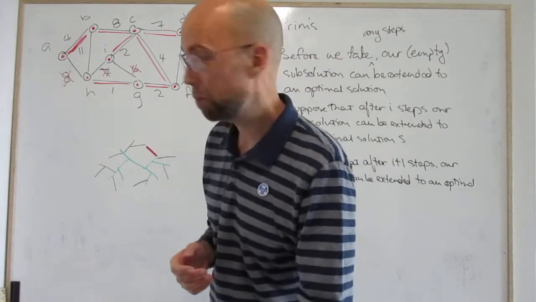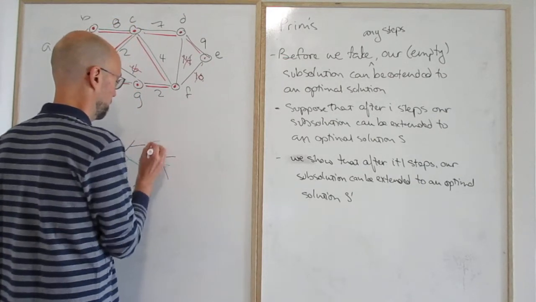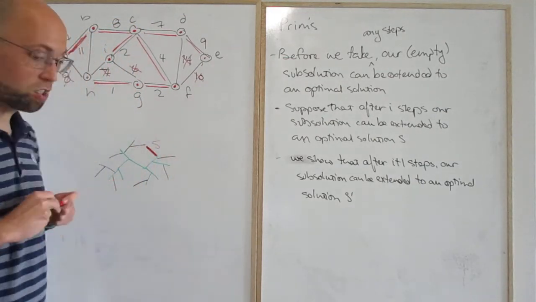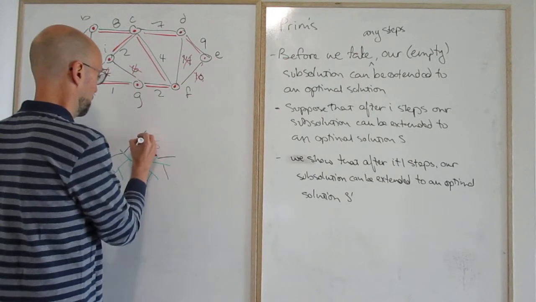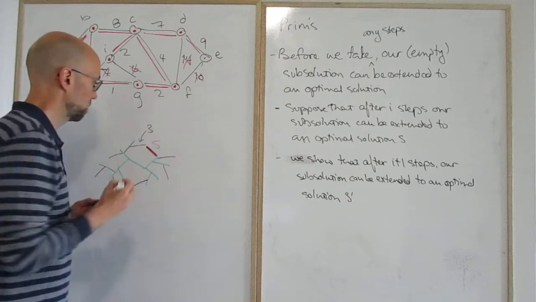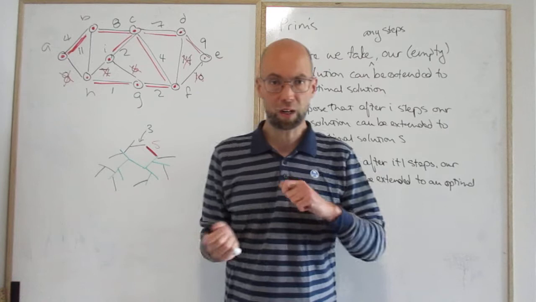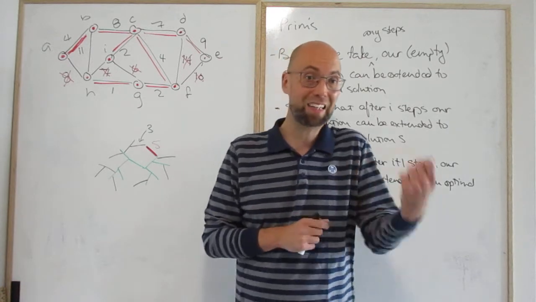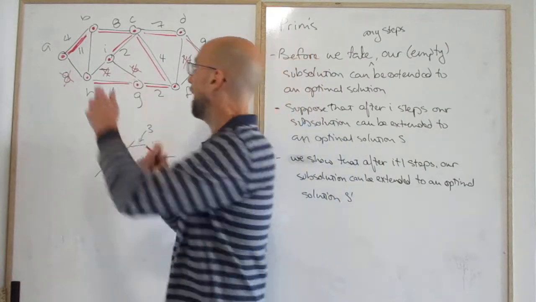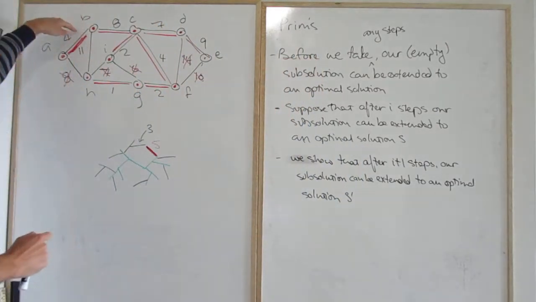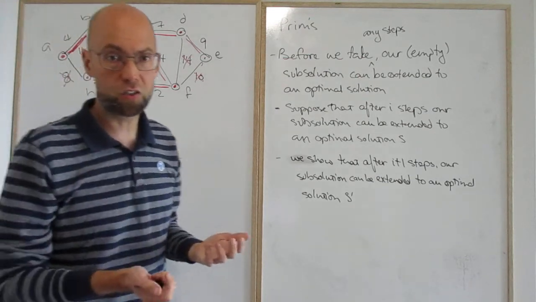Is it possible that the red edge has cost 5 and this edge has cost 3? Yes, that can happen, because as we're adding edges to the tree, we get access to edges which are cheaper. So we added this edge AB before we added the edge HG, even though HG is cheaper.